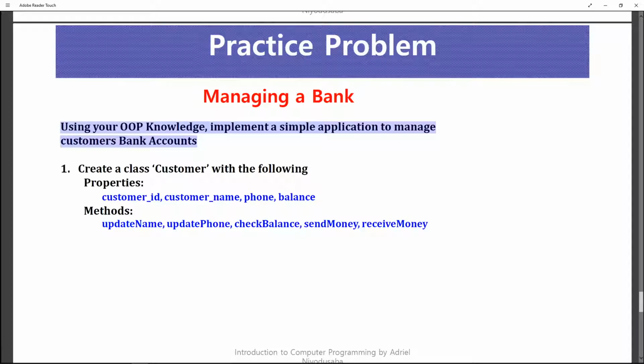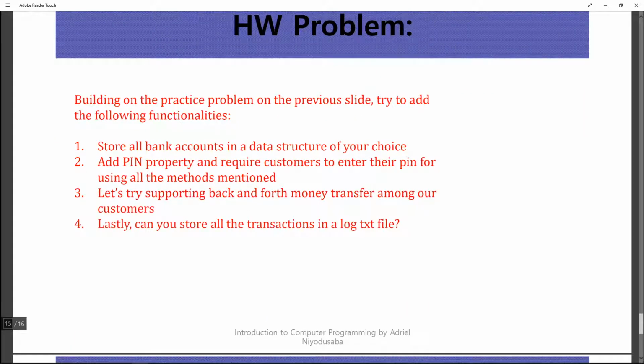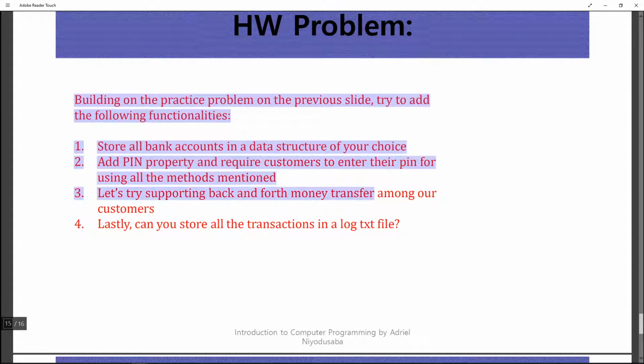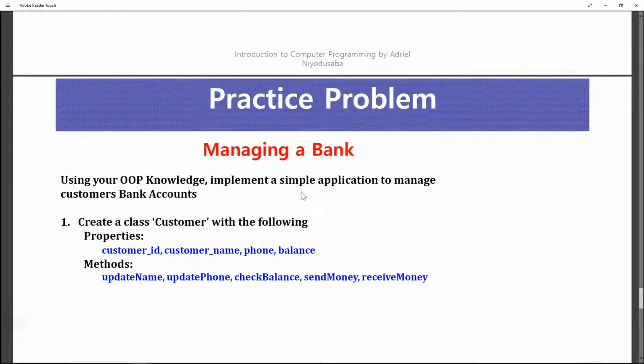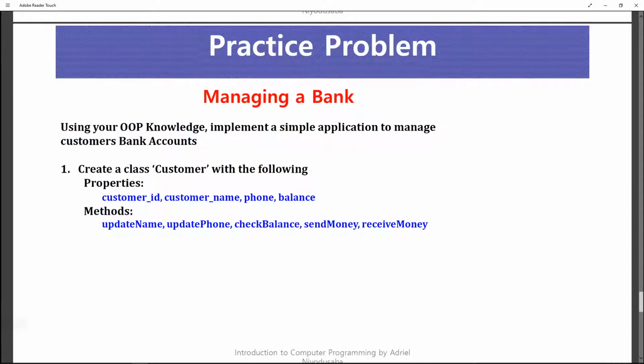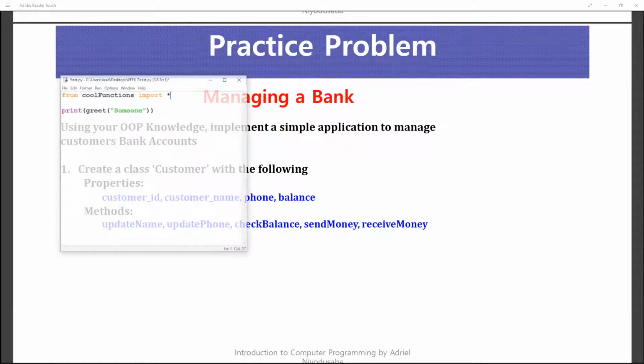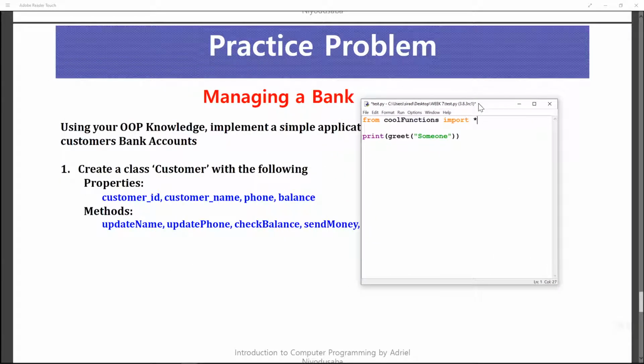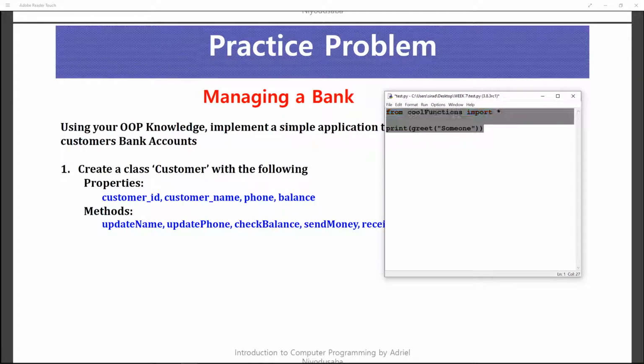And it will have these methods: a method to update the name, a method to update phone, to check the balance, to send money, and to receive money. And then there will be a homework problem, which is basically a slightly more complicated version of the practice problem. So let's go ahead and solve the practice problem together, and then the homework problem you can try on your own.